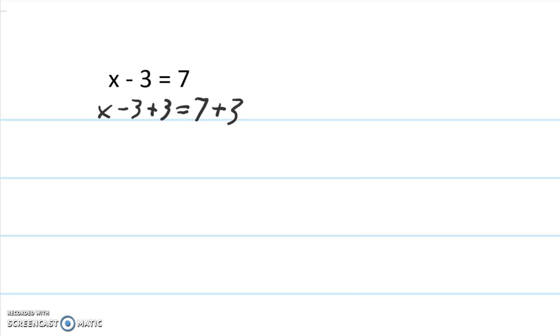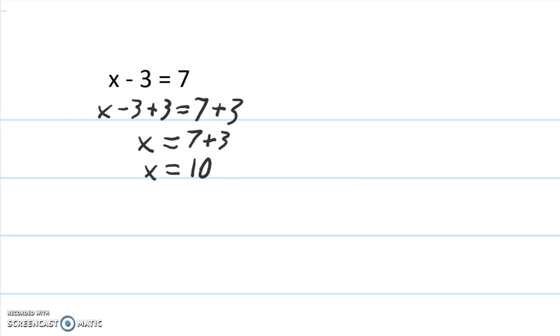And we're going to skip the step where plus 3 minus 3 equals 0, and we're just going to write the x, because we know that that's the case from the last question. So x equals 7 plus 3. And now 7 plus 3 equals 10. And there is our answer.